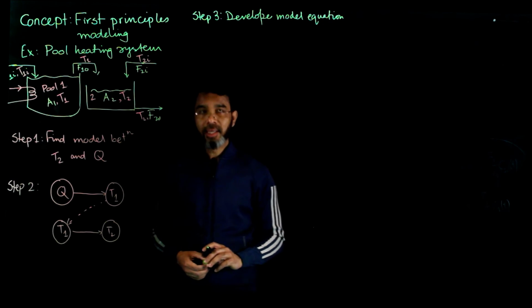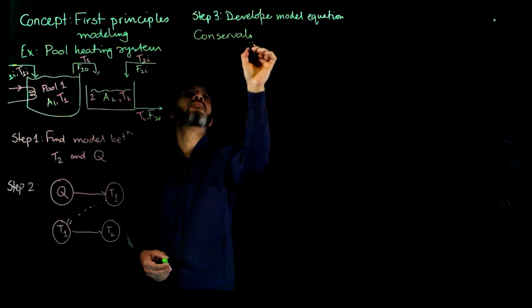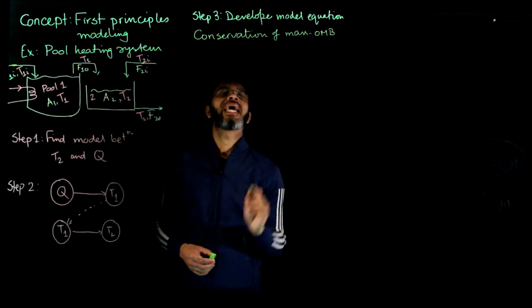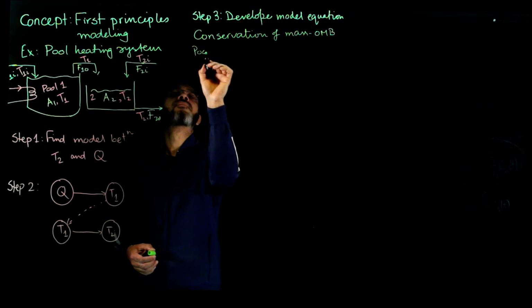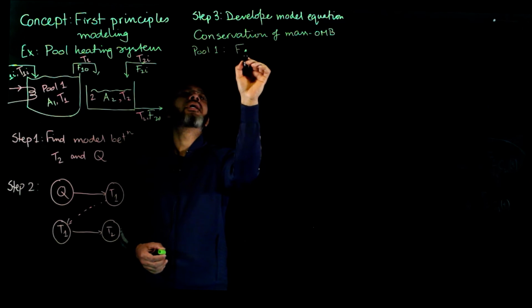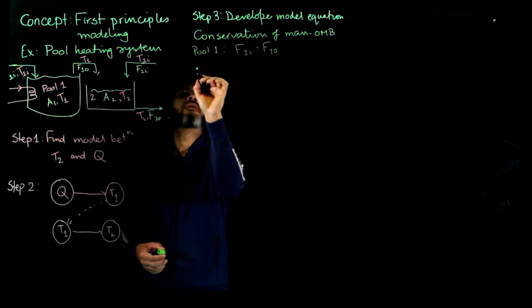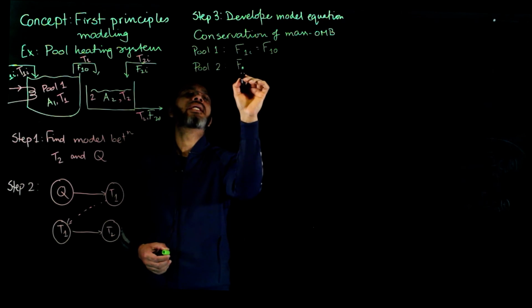If we even write down the conservation principles, for conservation of mass there will be the overall mass balance relevant for this case. We see that for pool 1, we will end up getting F1i equals F1o, and for pool 2, we will get a steady state relation.